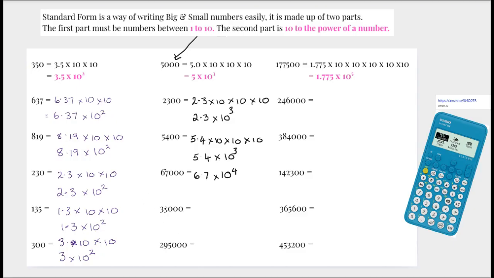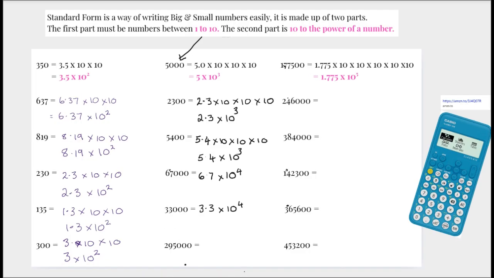Next one, 33000. Our decimal point has got to go there. So it's going to be 3.3 times 10 to the power of 4 again. 1, 2, 3, 4. This question has got a little bit more to it, only slightly, so don't panic. It's got an extra number here, but that doesn't change anything. We know the number has to be between 1 and 10.